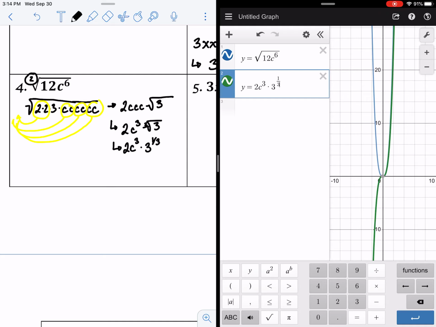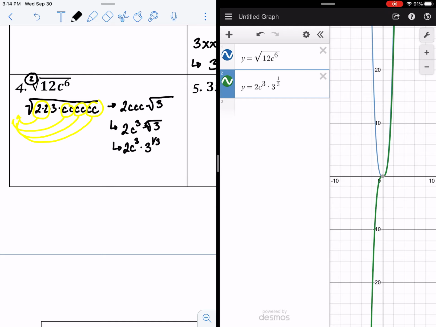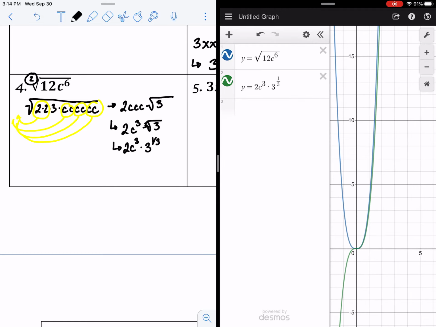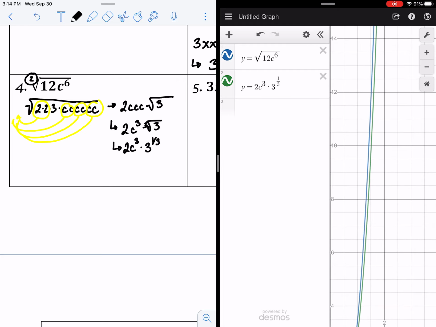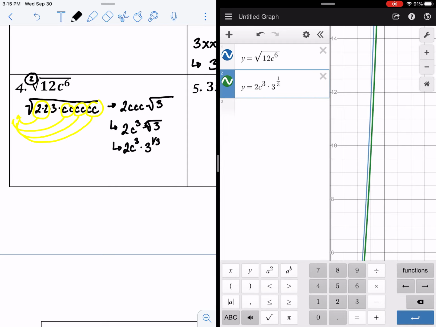And again, this is one of these functions that we're only interested in, so I typed this wrong. This should be a 2.